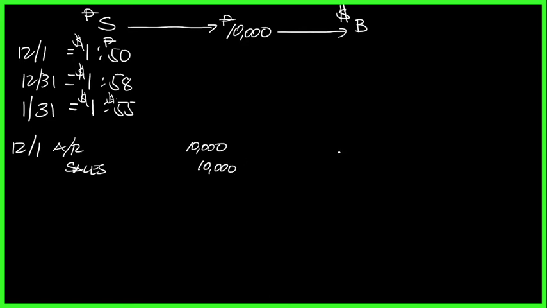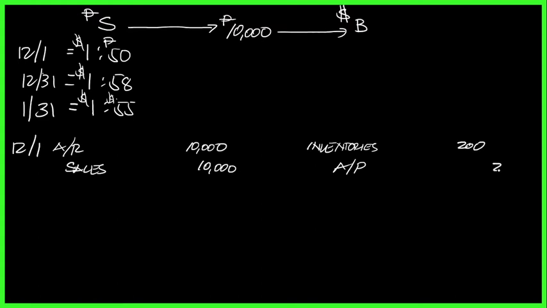Now, in the books of the buyer, you will have a debit to inventories, at historical cost, and credit to accounts payable amounting to $200.